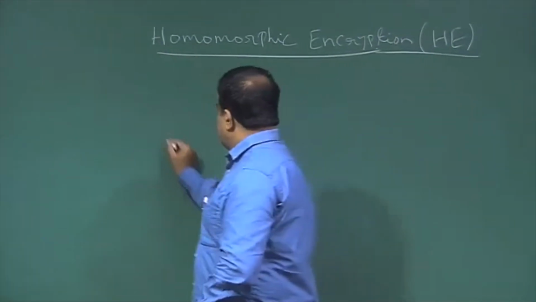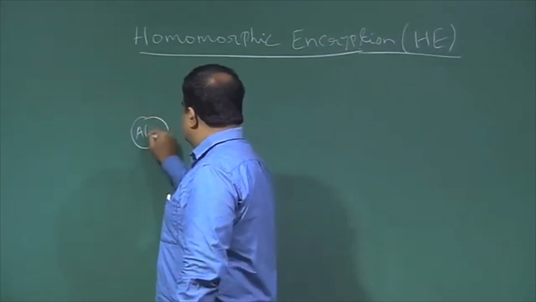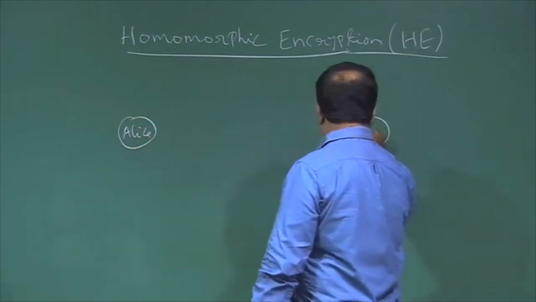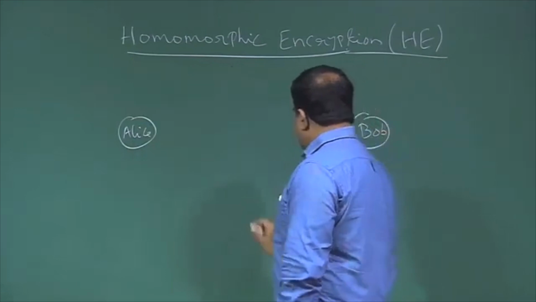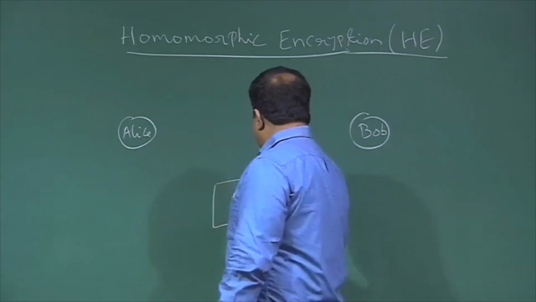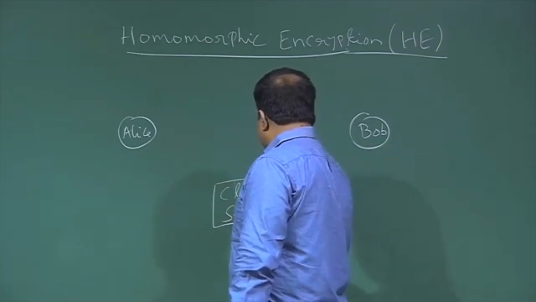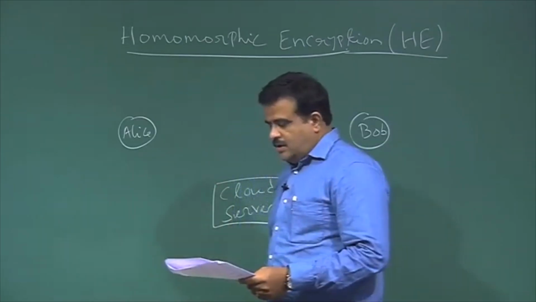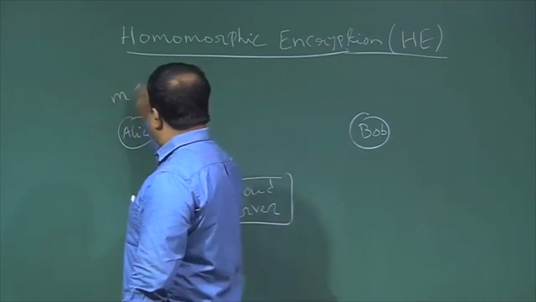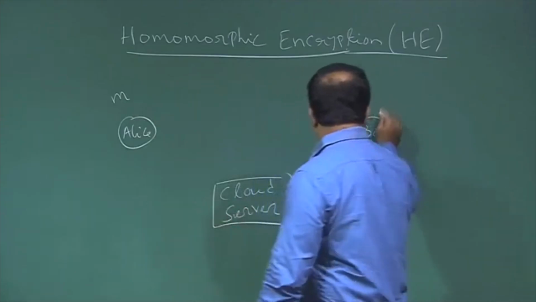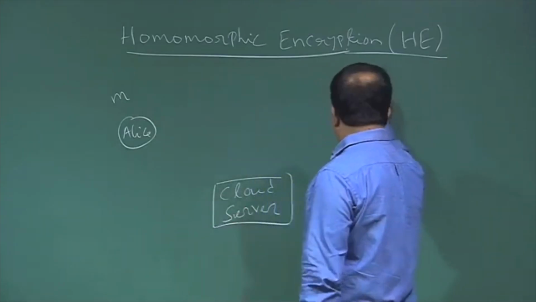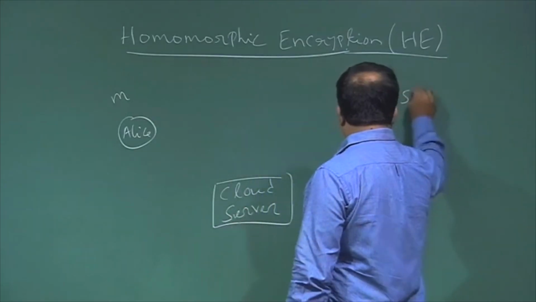The idea is we have two parties, Alice and Bob, and we have a server which is referred to as the cloud server. Alice has a message, and Bob has his public key and private key pair, PK and SK.